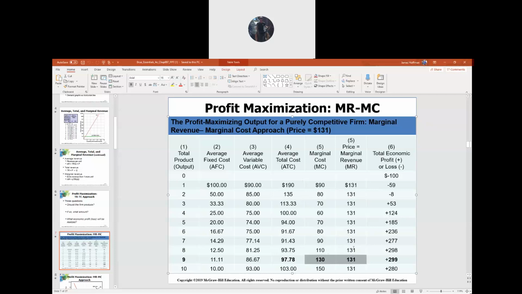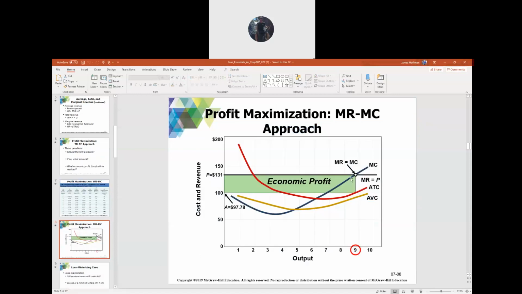It's not exactly equal, but pretty close. MC is 130 and MR is 131. So any output below that, 0 through 8, the firm is down here.